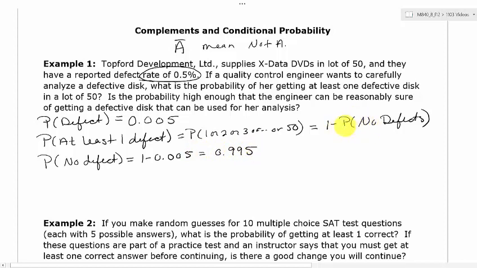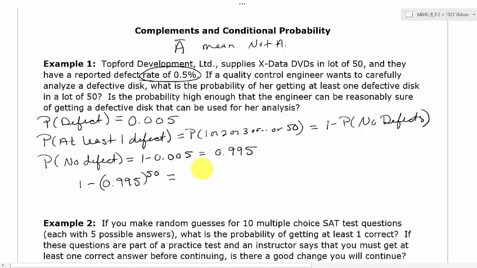Now this probability, 1 minus no defects, is also going to be raised to the 50th power. So it's going to be 1 minus the probability of not having a defect, 0.995, and that's in all 50. So that would be raised to the 50th power.